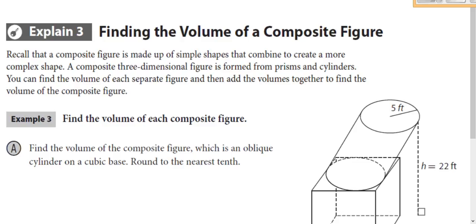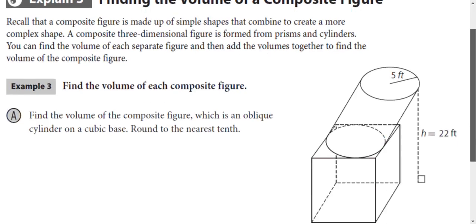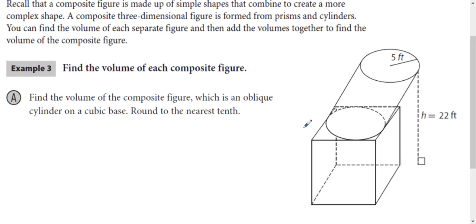So we have another composite figure. We have a cube with an oblique cylinder on the top. So we can find the volume of the cube and the volume of the oblique cylinder and add them together.